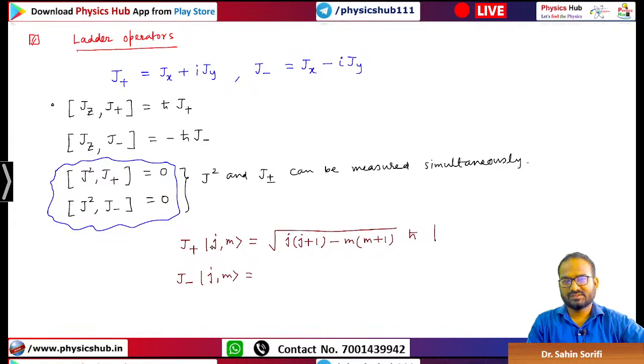Now you see, state J will remain the same, and this m, because it is J plus, m will become m plus 1.